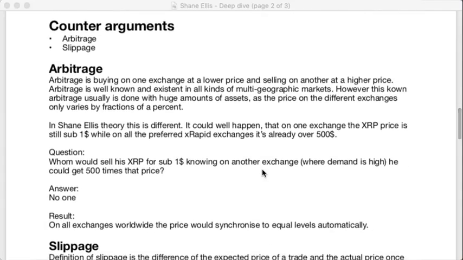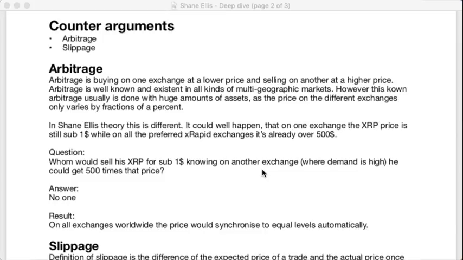Now there have been mostly two counter arguments which tried to debunk the Shane Ellis theory, which, I repeat again, has been stated by independent sources as being a fact, not a theory. One of these arguments is arbitrage.